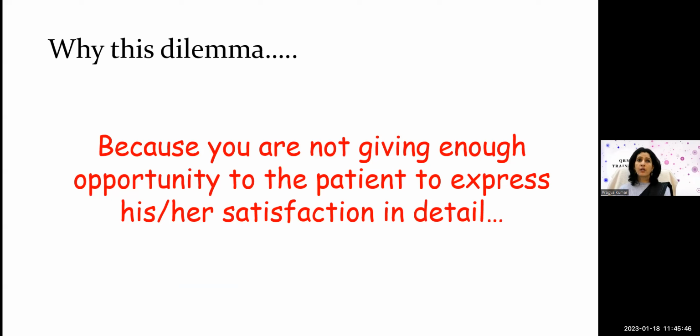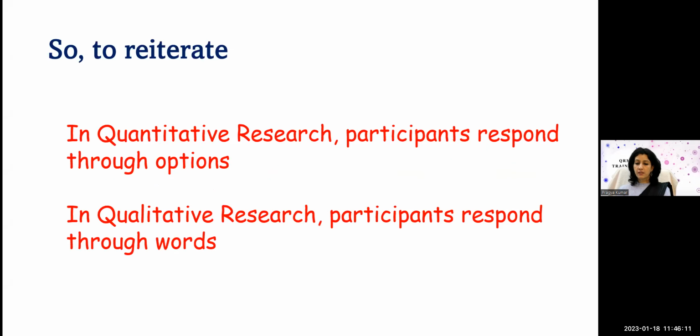Because we are not giving enough opportunity to the patients to express their satisfaction in detail. That's the problem with the close-ended question. You have closed the communication. There are many people who are very expressive in nature, and you have not given them the opportunity to express their full experience.